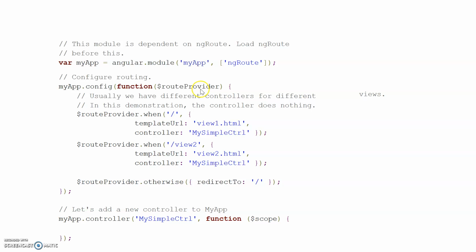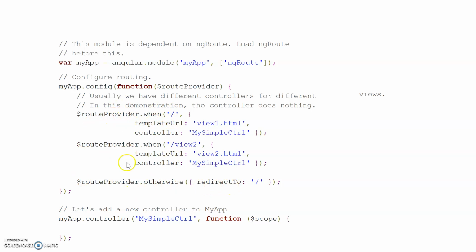The route provider decides which view, and accordingly what content should be displayed. So with templateUrl, if this is the URL, then view1.html will be displayed, and for that the controller mySimpleController will be used. If view2 is there, then view2.html will be displayed, and this is the controller which is going to manipulate view2. Like this, for as many different URLs, or otherwise redirect to the default URL.